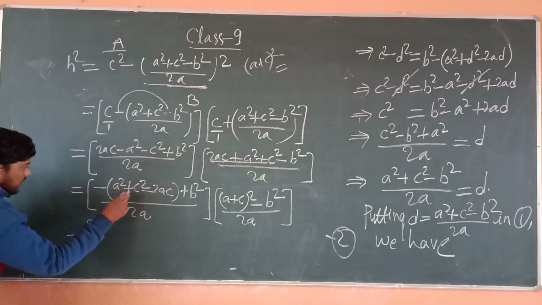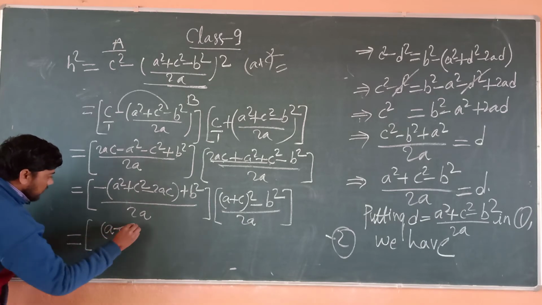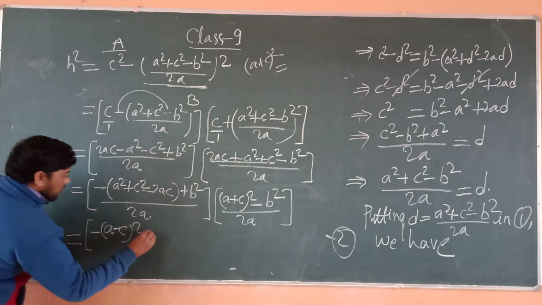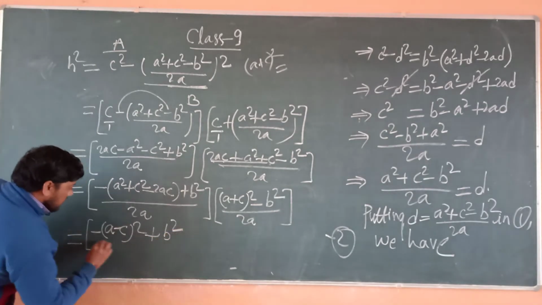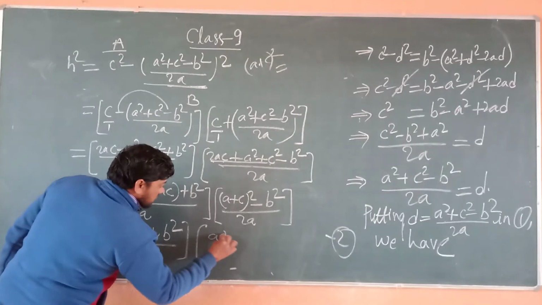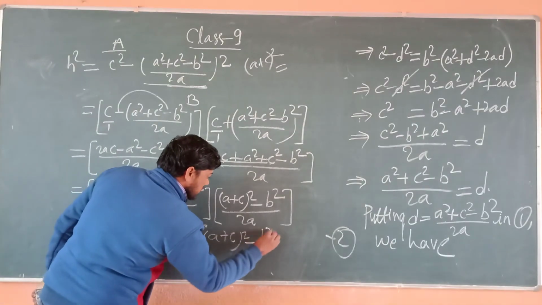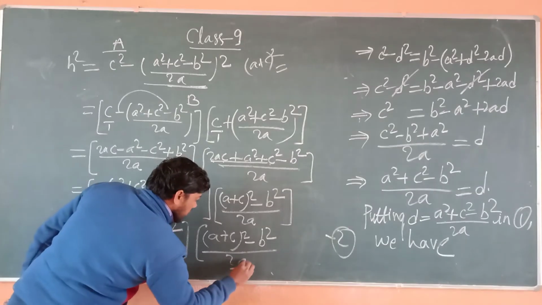We can write it as b square minus (a minus c) to the whole square upon 2a, into (a plus c) to the whole square minus b square upon 2a.